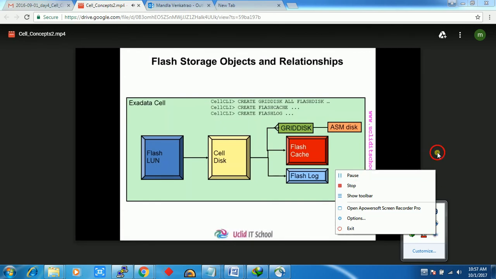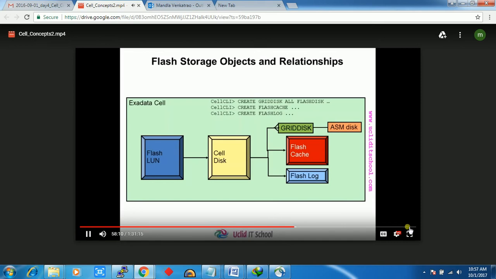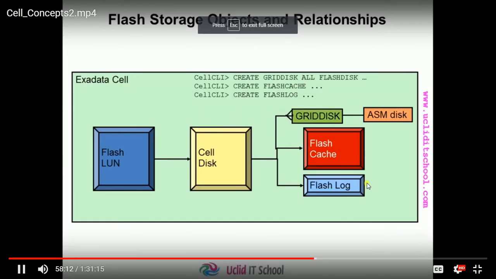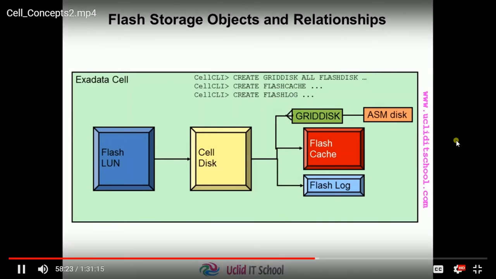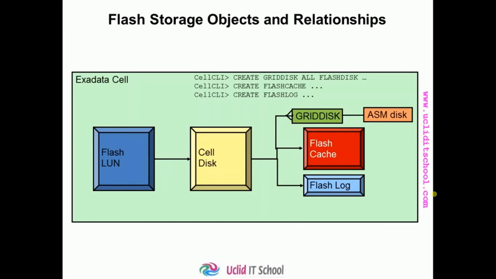Exadata flash cache is more intelligent, and that way it is very different from the flash cache concept in third-party storage servers. We have dedicated topics for flash cache and flash log. So at that time we will see more details and what that intelligence is compared to other storage servers.